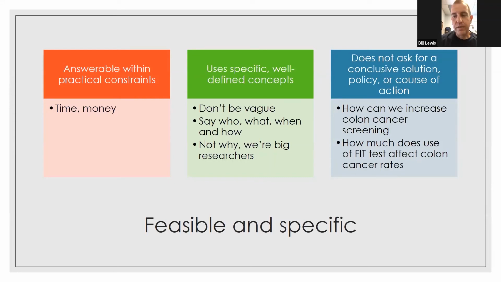You want to say what you're looking for, as specific as you can, and narrow it right down, because what goes on in a rural population may be different than what goes on in an urban population, and you want that spelled out up front. It makes a difference if you're doing it in a clinic or in a hospital setting, an FQHC or a fee for service. Say that up front, and you're going to answer the question much better overall.